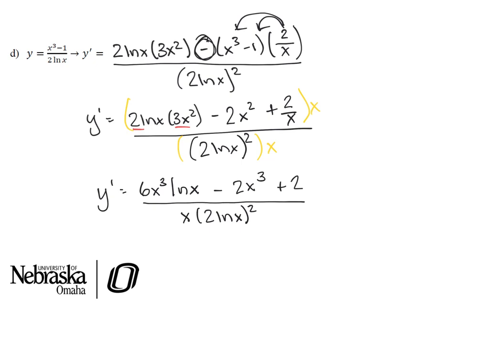Now we could cancel a 2 from the numerator and denominator, because we could take this denominator and square the 2. So 2 squared is 4, so we'd have 4x times the natural log of x squared. In other words, we're distributing this squared to the 2. And now we have an even number in the numerator and denominator. We're just going to divide everything by 2.